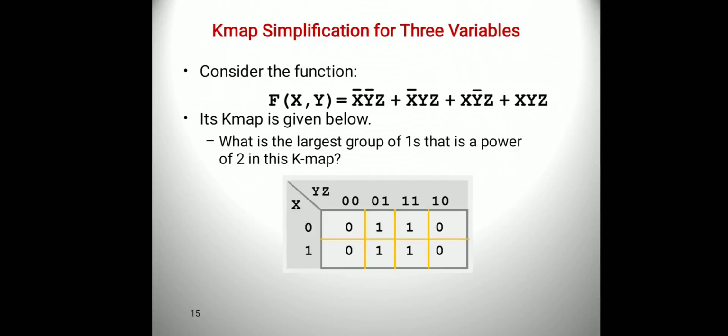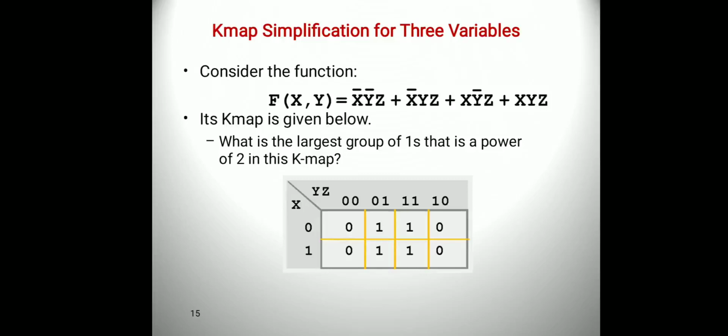See here, there are 4 ones and these 4 ones are adjacent to each other. All 1s are adjacent to each other, meaning there is a formation of a quad. If there is a formation of a quad, then in both rows the value of x is 0 and 1: in the first row x is 0 and in the second row x is 1.